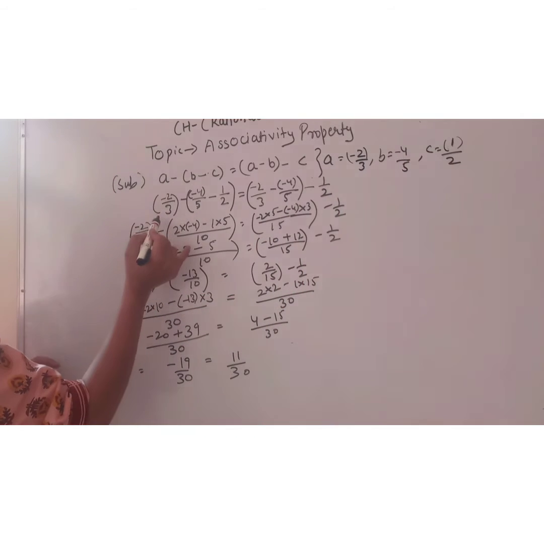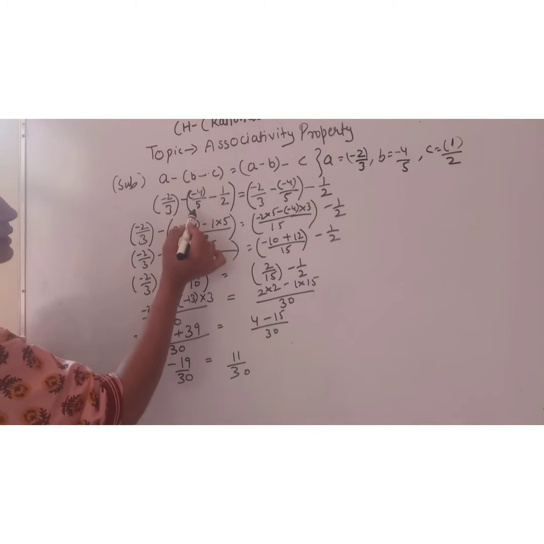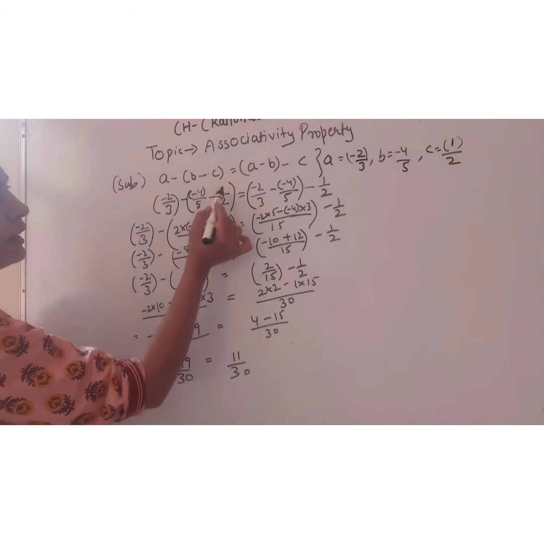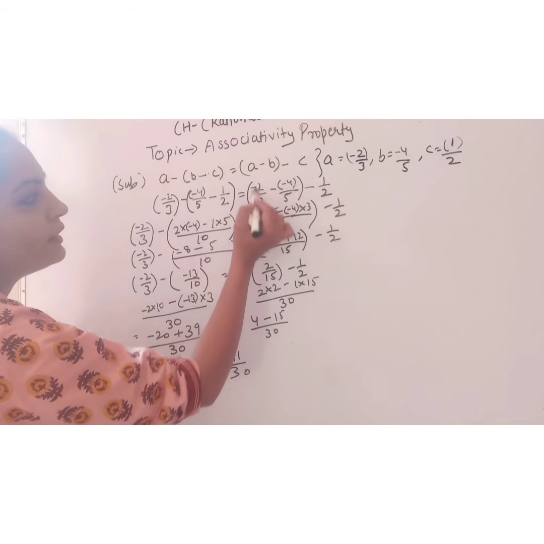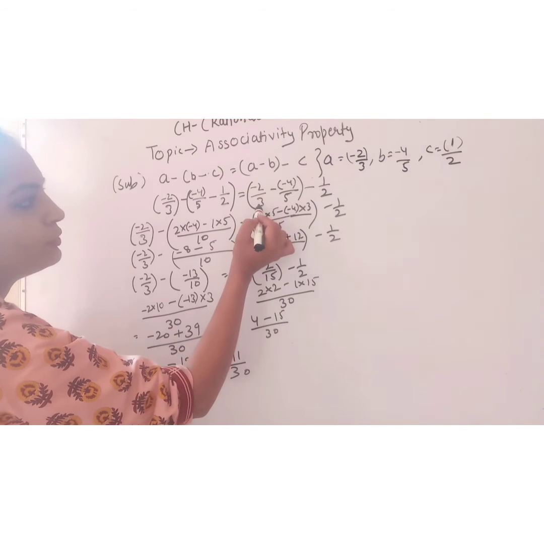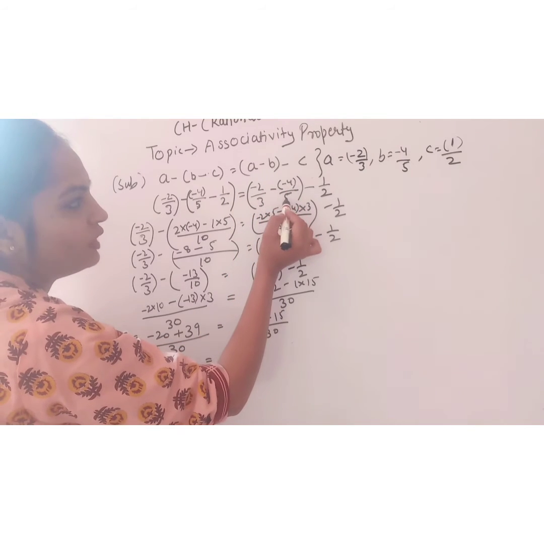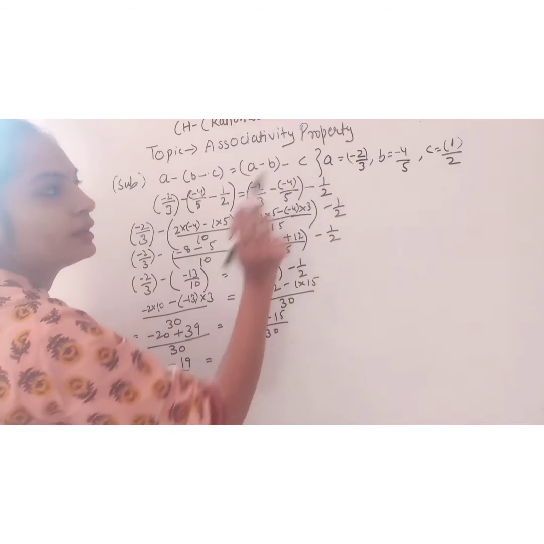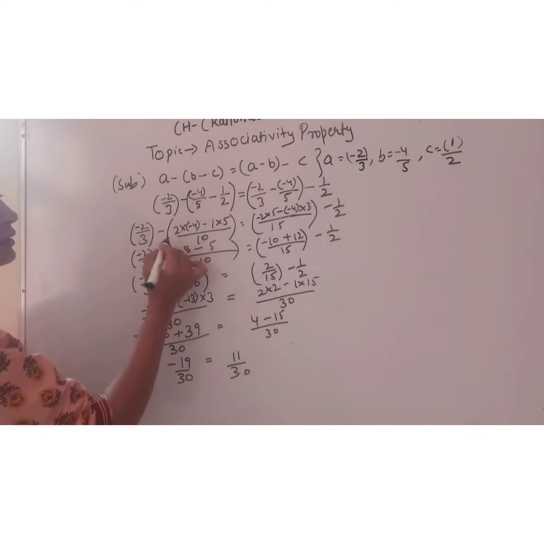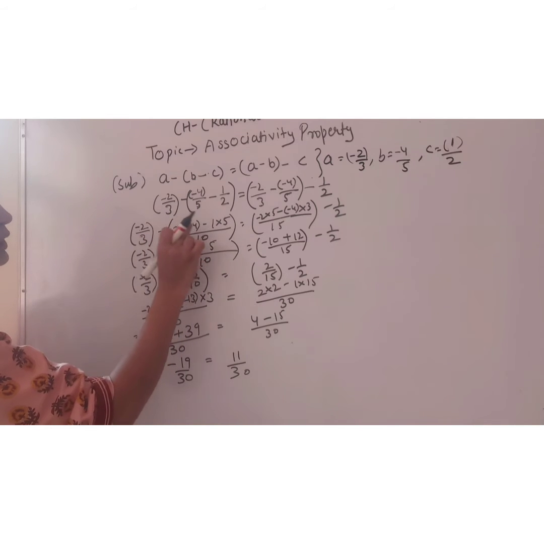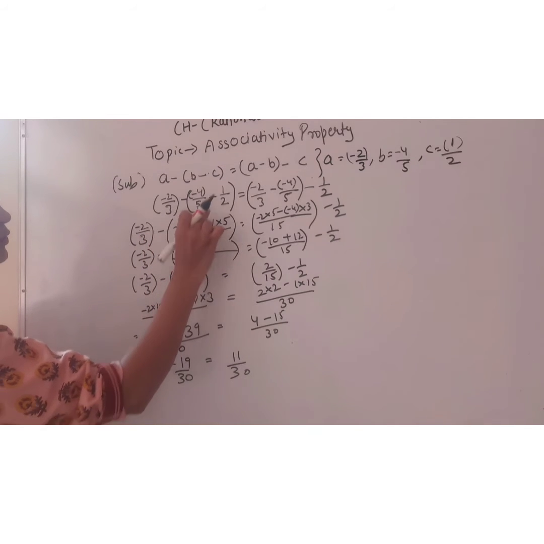Now A as minus 2 by 3, B as minus 4 by 5, and C as minus 1 by 2, and this side also, A as minus 2 by 3, B as minus 4 by 5, and C as minus 1 by 2.